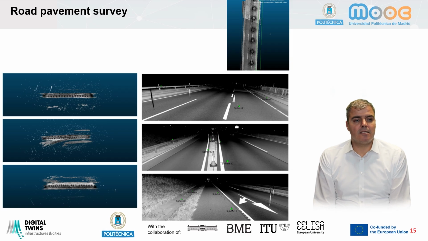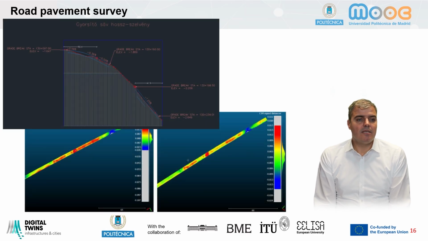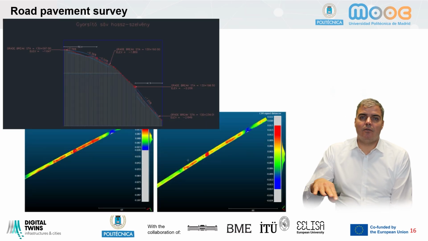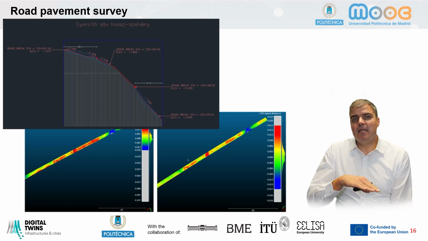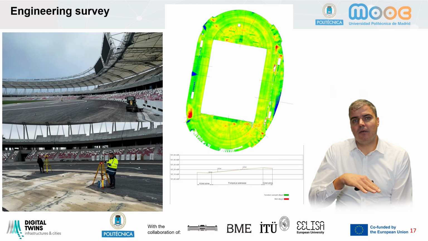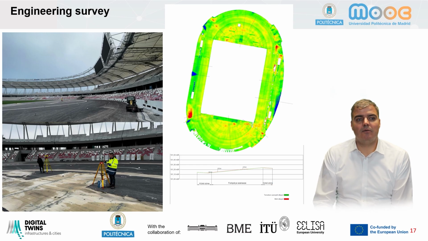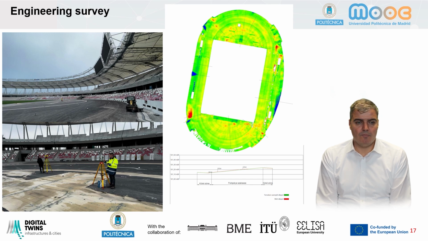That's another interesting project in case of a stadium. So we captured the pavement under the running track, which they needed a millimeter accuracy road surface model about that pavement. So we used upscale laser scanners and traditional land surveying methods to provide this kind of surveys.